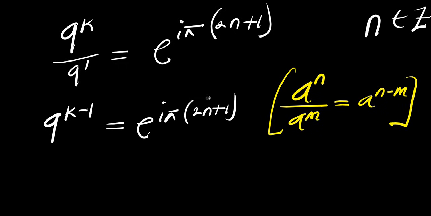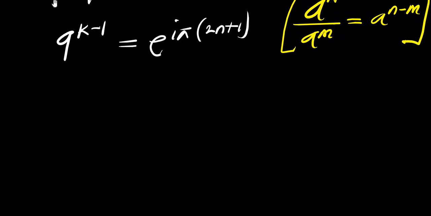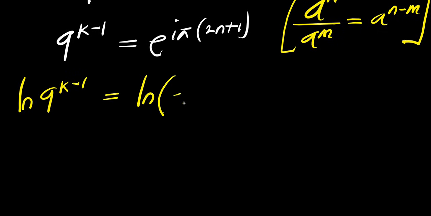So what we can do right now will be to apply natural log. So I have natural log of 9 power k minus 1 equals natural log of e to the power of I times pi times 2n plus 1.